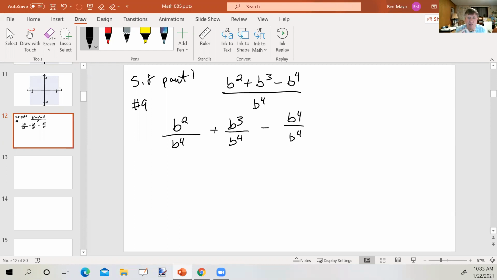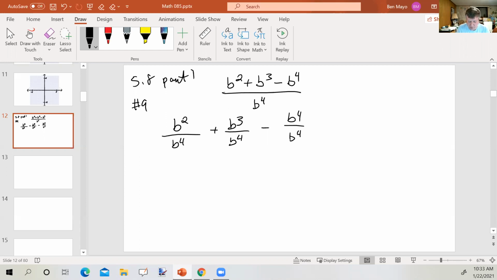Unless it says otherwise, or unless you're doing something in scientific notation, which we haven't touched on at all and won't be, you always want your final answer to have exponents that are positive, okay?